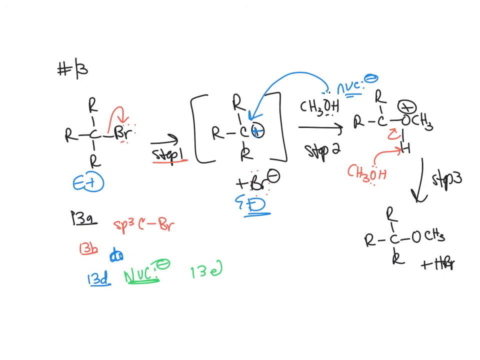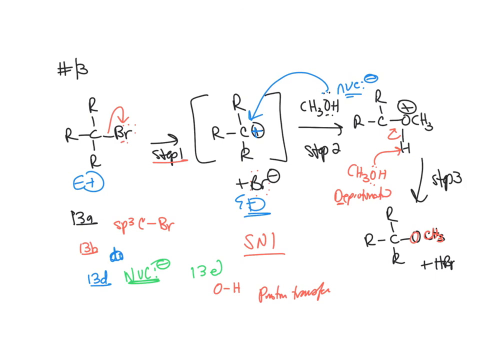And what bond is broken? It's the OH bond. We call this a proton transfer. Deprotonation. So draw curved arrows to show this electron movement. It's called deprotonation. So step 3 is called a deprotonation. The D means to take a proton away. What is the overall mechanism of this reaction? You get a carbocation. That is an SN1. You've substituted the bromine for an OCH3. So this is an SN1.